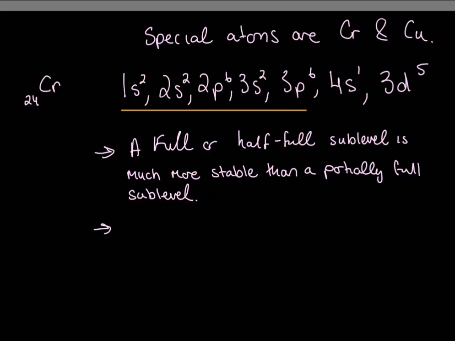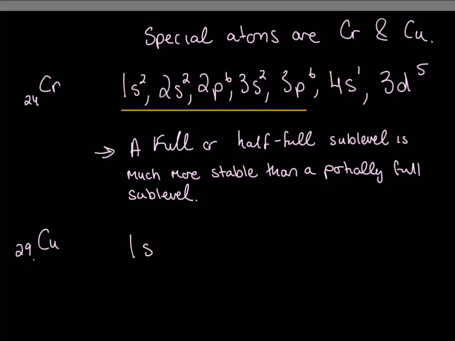Okay, so we're going to move on and we're going to do the copper, which is 29. Now, if you want to do it out, you might see that it's very close to being a full D sublevel, and see if you can manipulate the electrons around to see what it's going to be like.